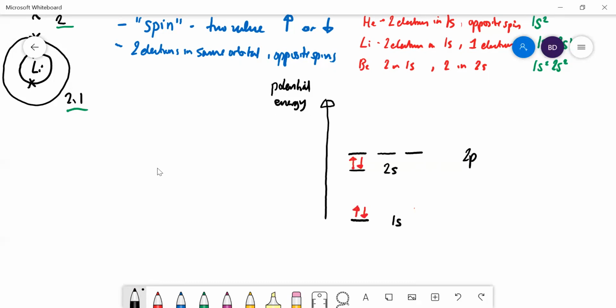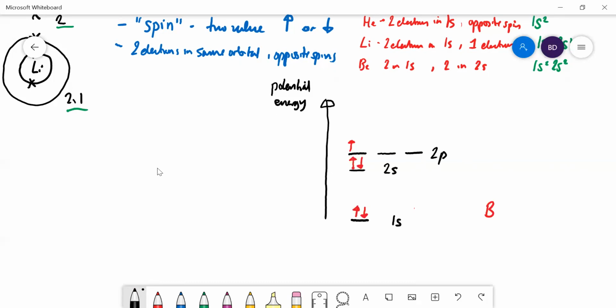The element which comes after beryllium is boron, which has 5 electrons. In boron, one of the electrons would go into one of those 3 orbitals. We'll see what happens in the next elements in the next video.